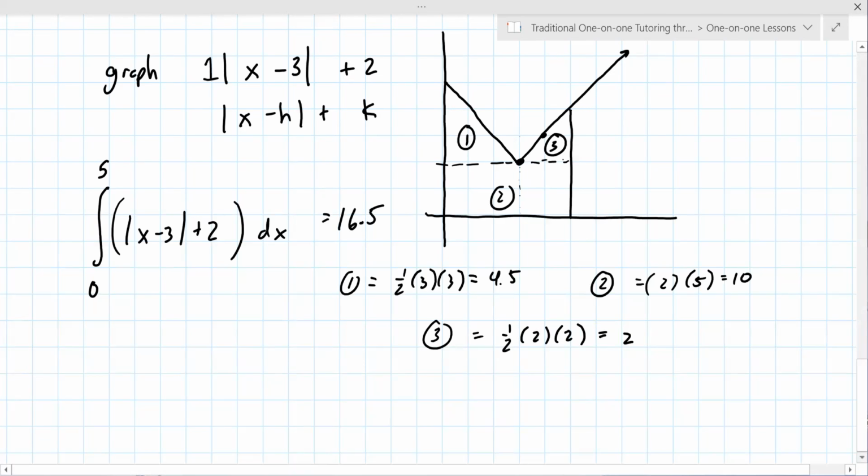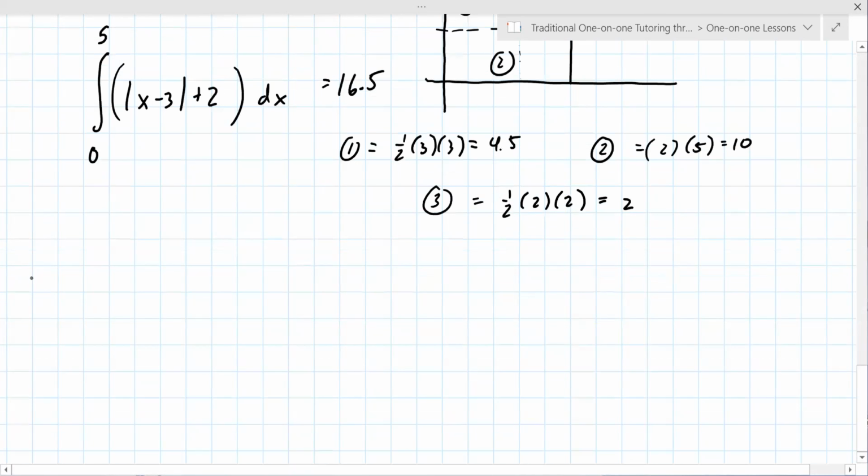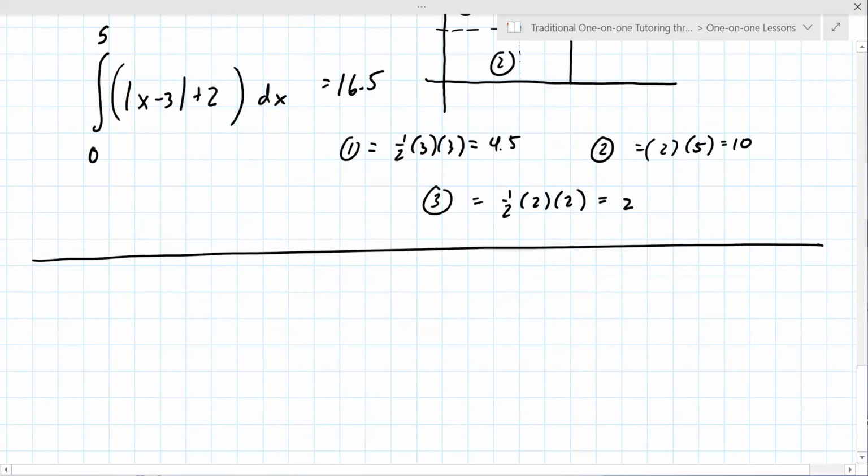All right, so let me have you try one on your own here. Is that okay? Yeah. All right, and let's go this time from 1 to 3, absolute value x minus 2 plus 1 dx.